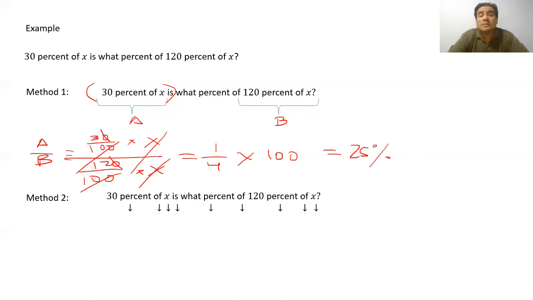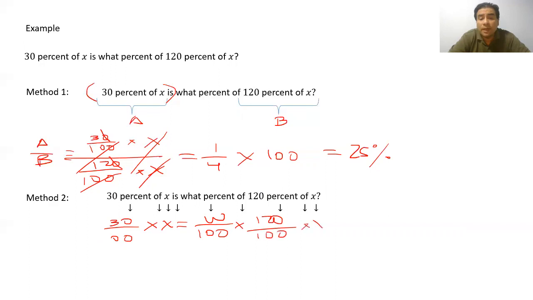Method 2 is a direct translation of each word in the question. 30%, 30 over 100 is the percent as a fraction, times x equals what percent, that means W over 100, times 120% of x.